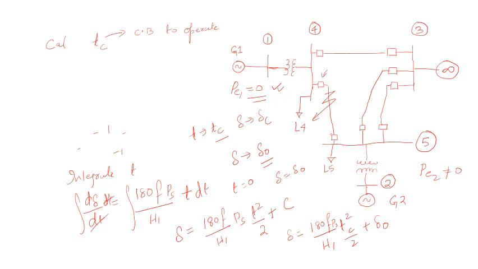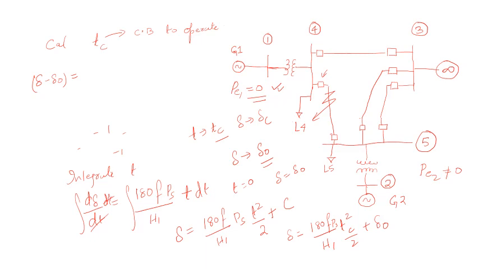You can make it like this: delta minus delta 0 is equal to 180 f Ps upon 2 H1 times tc square. I am giving it a bit of a shortcut.